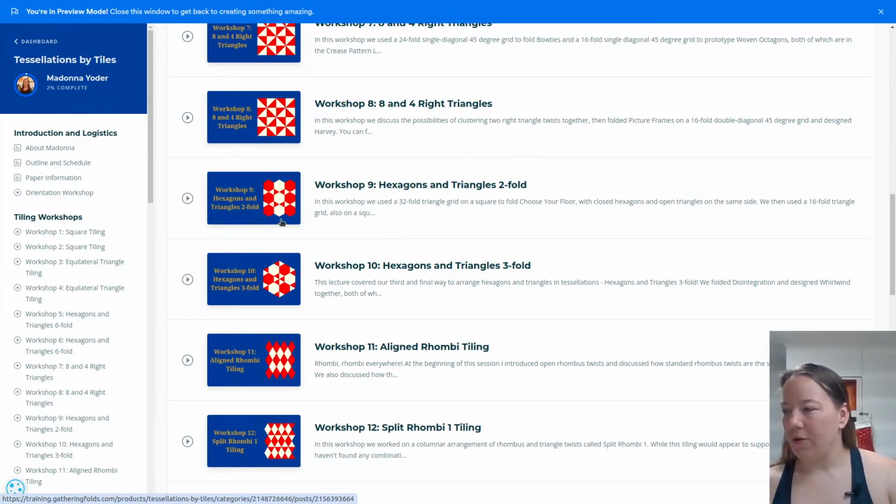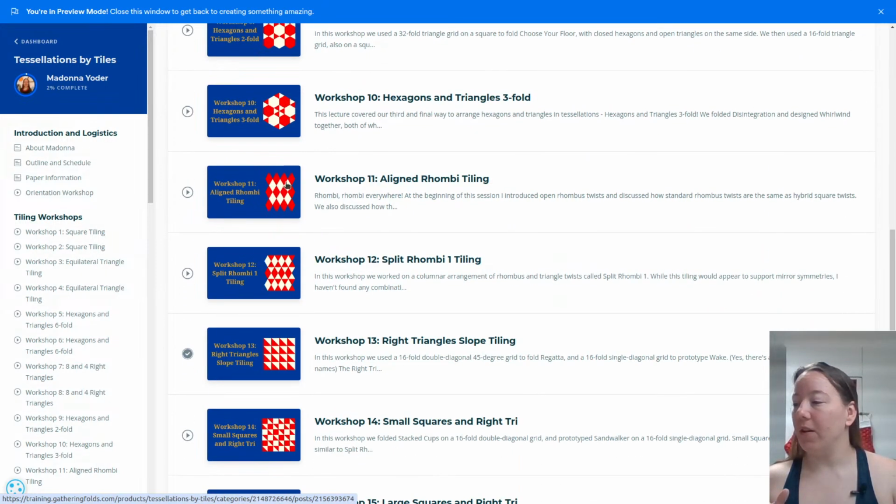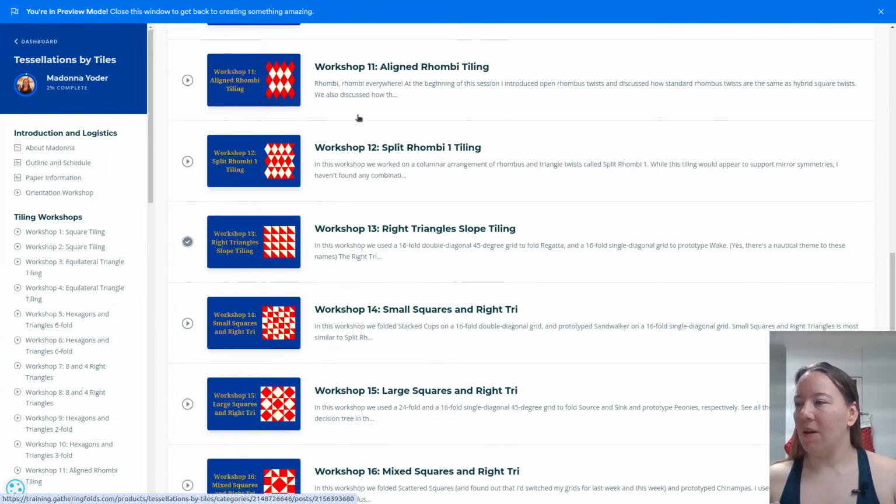So two other ways of arranging hexagons and triangles, the aligned rhombi tiling, which I found out recently is not the only way to arrange. Well, I already knew it wasn't the only way to arrange rhombus shapes.